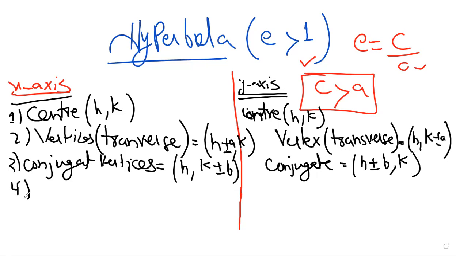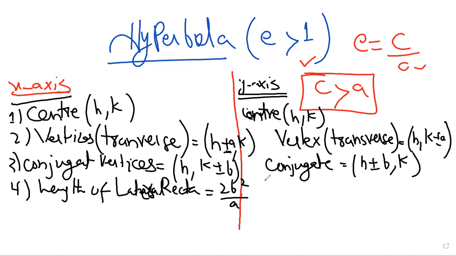Number 4, the length of the latus rectum. Wait, the plural of latus is latera, actually, latus rectum. Its value is the same on both axes: 2b square upon a, for the x-axis and for the y-axis. The length of the transverse axis, AA dash, is also the same in both, which is 2a.